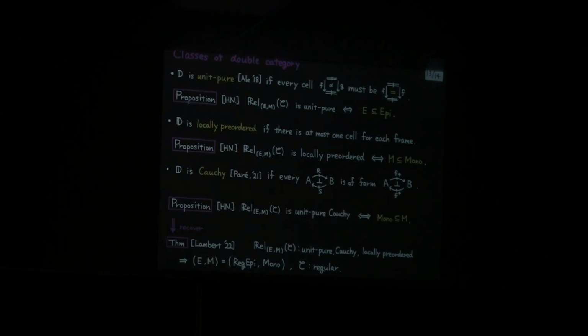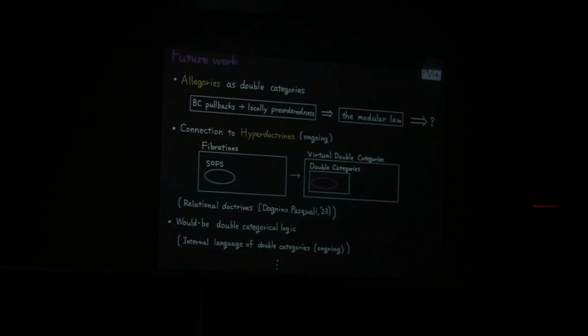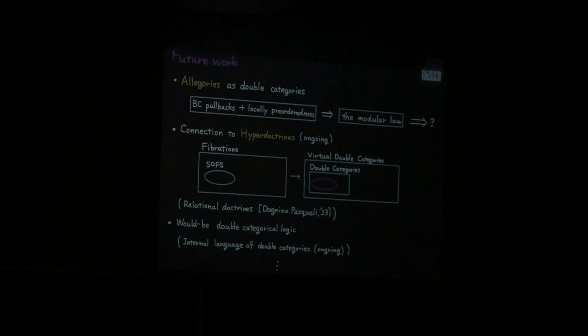Okay, so this is what I wanted to say, and this is our future direction. First, I'm going to elaborate on the connection between our study and allegory theory. And also I'm going to give some connection between fibrations and double categories or virtual double categories, which is my work in progress.